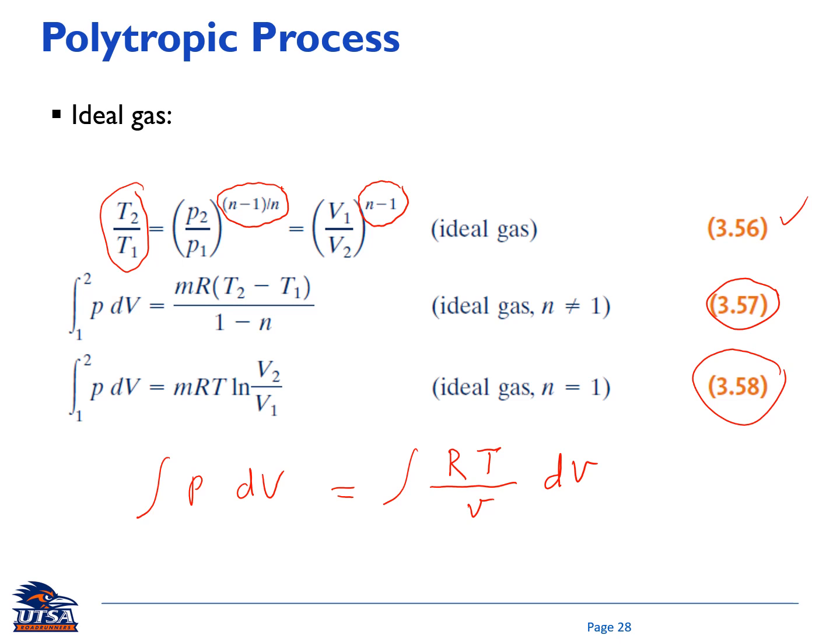For n equal to 1, you have 3.58, and for n not equal to 1, you have equation 3.57. Once again, you don't need to memorize this formula. I will give all the formulas in the equation sheet for the exam. You just need to be familiar and know when, how, and where to use them.